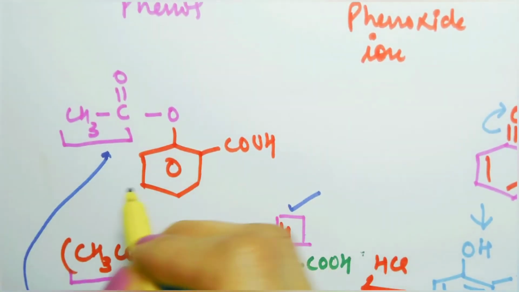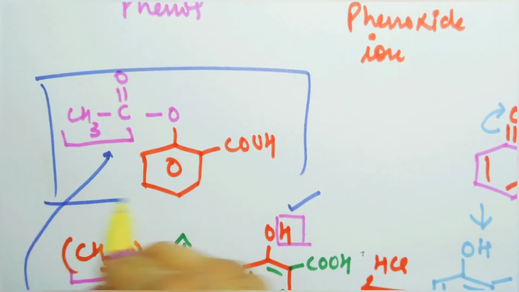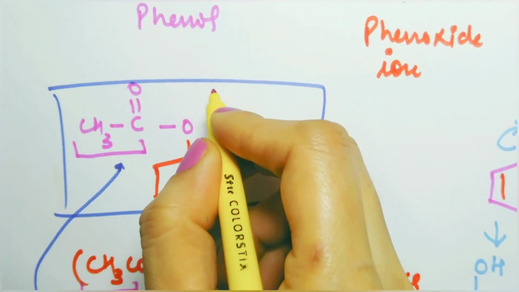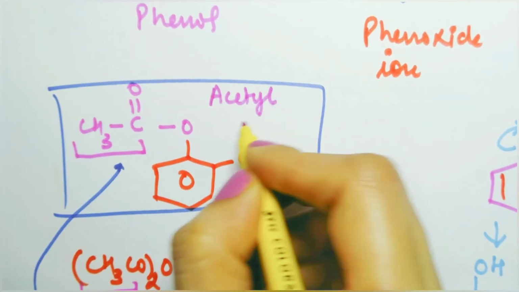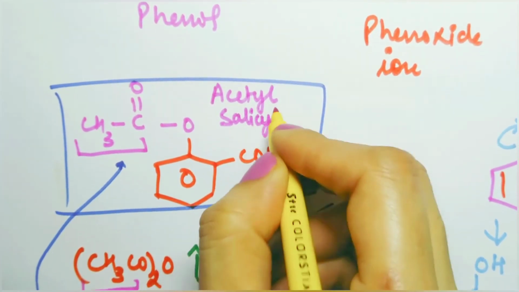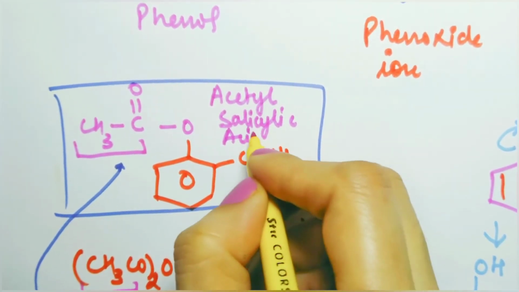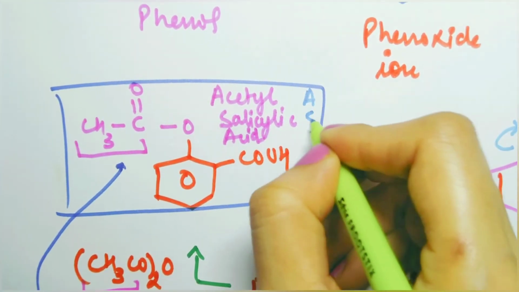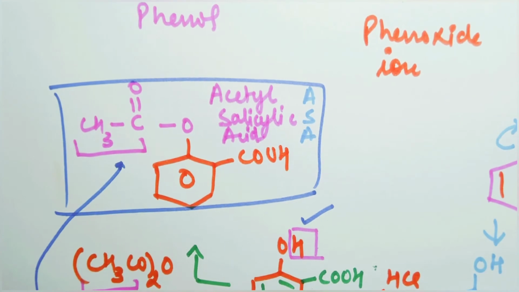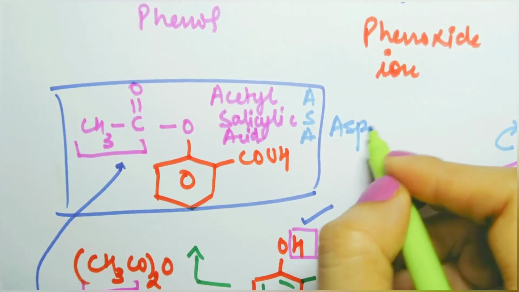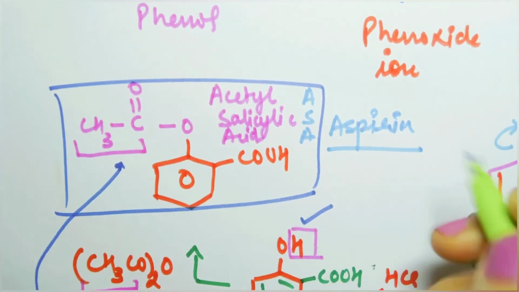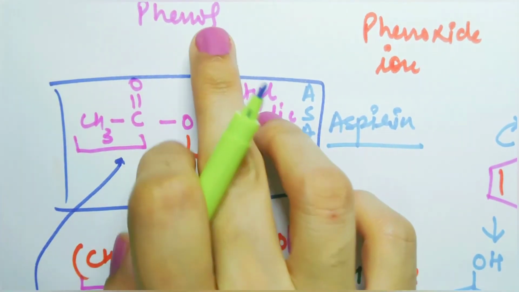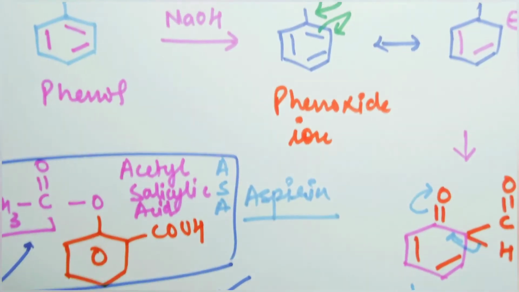The name of this compound is acetyl salicylic acid, or we can say ASA. Another name is aspirin. Okay, this is your conversion of phenol to aspirin.